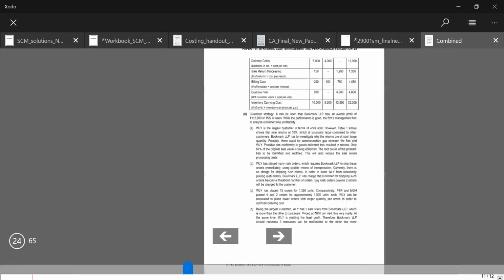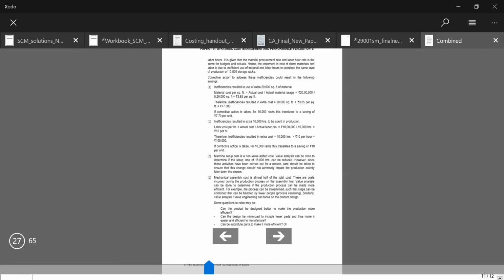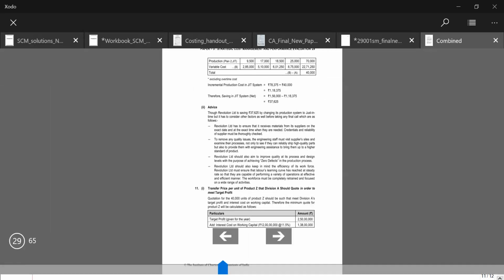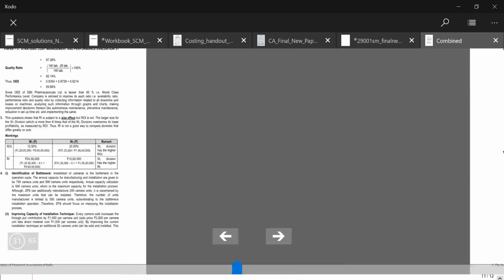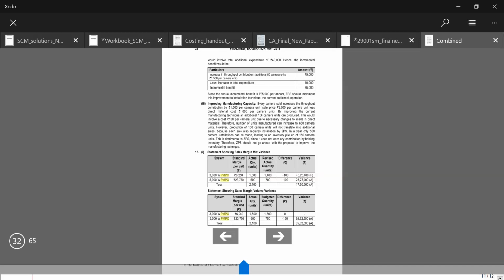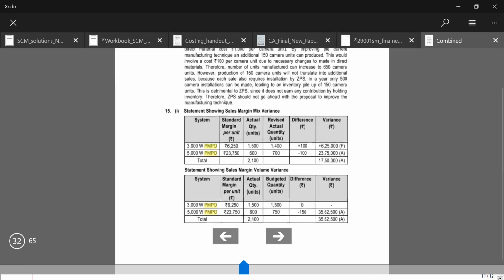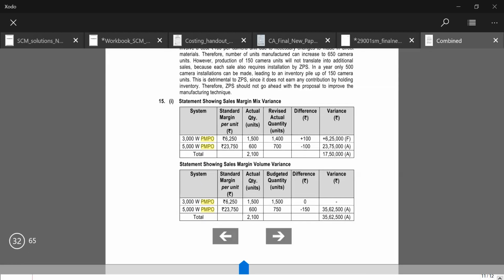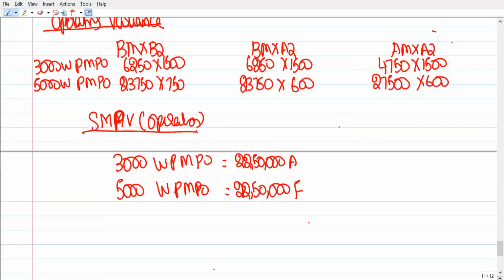Mix means we'll have to bring RBQ in between. Okay, they've asked only mix. We had to do the mixed variance only. Sorry about it. I missed it out. The requirement of the question is mixed variance only.